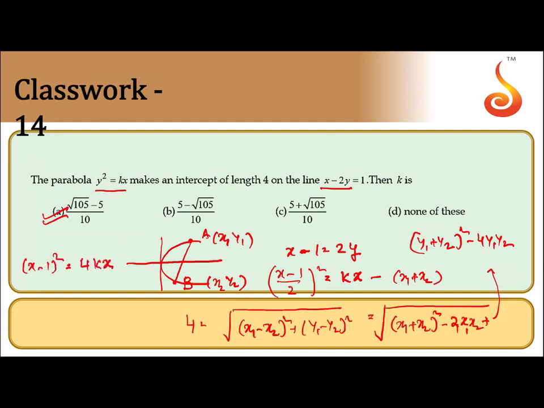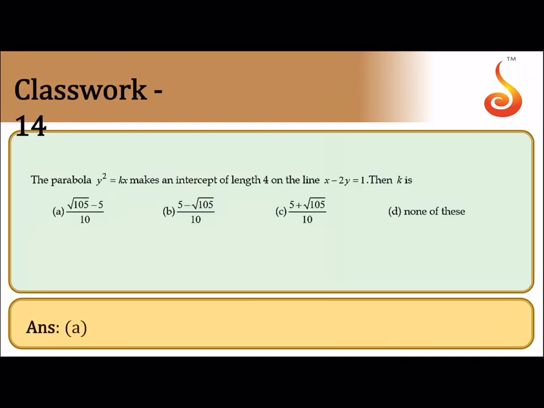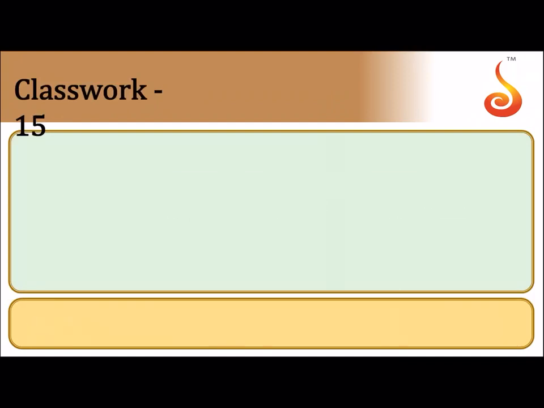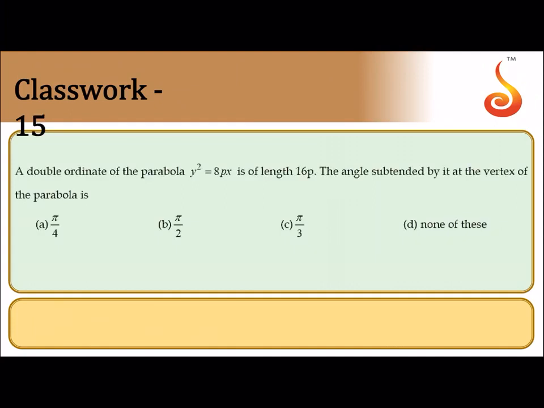From this equation, (x minus 1) whole square is equal to 4kx. Once you substitute it, you get a quadratic equation. From that, you can get the value of k. Option A is correct.